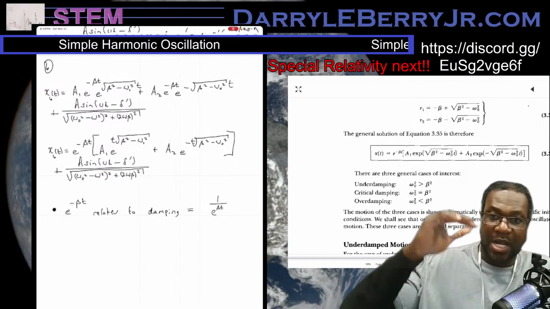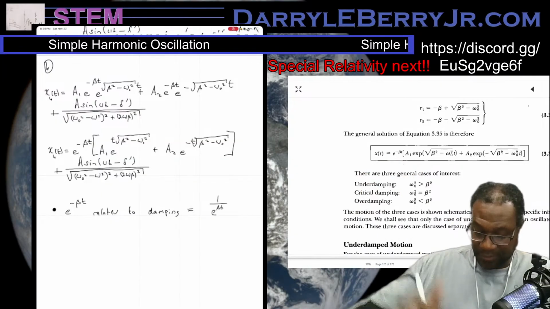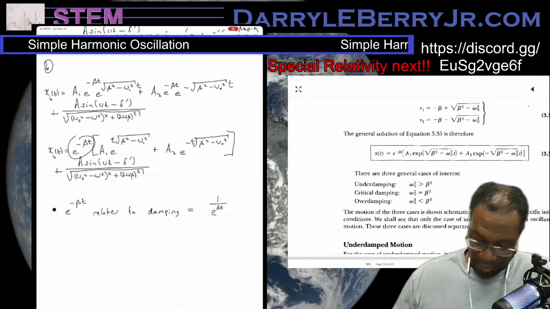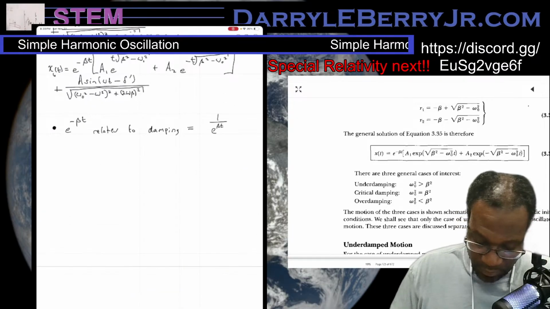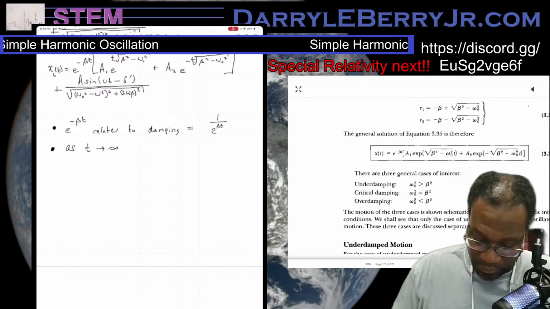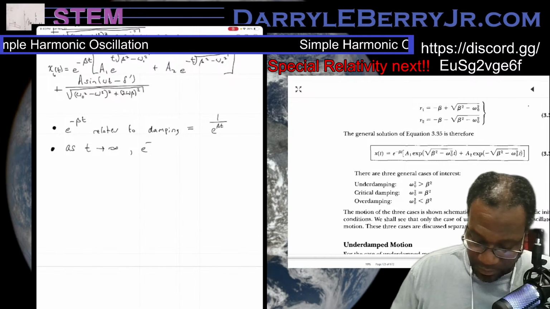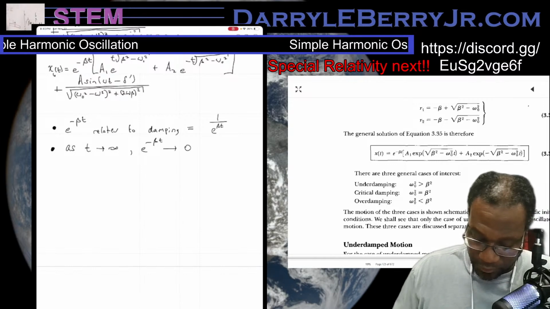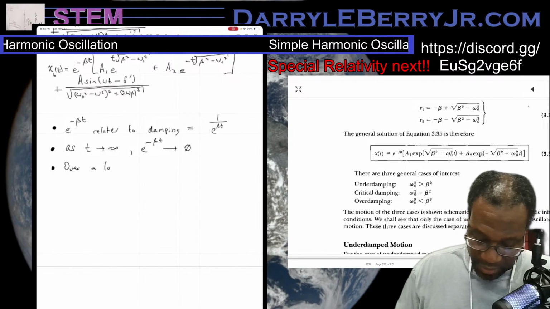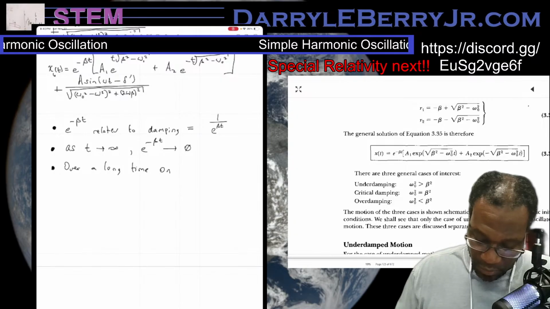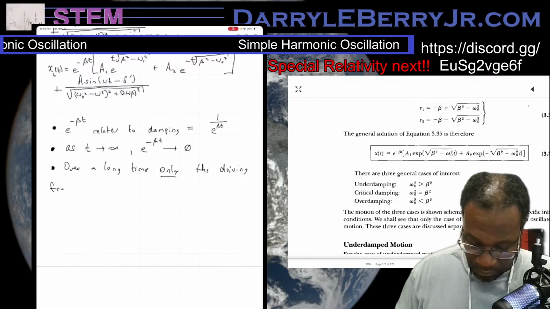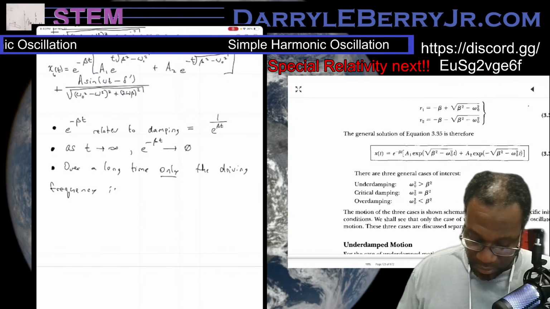So as time increases, as it progresses to infinity, this term gets closer and closer to 0, which means that after a long amount of time, as t approaches infinity, e to the negative beta t approaches 0, which means that over a long time, only the driving frequency is seen.